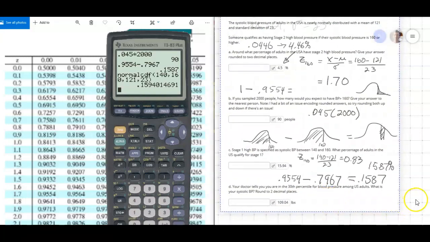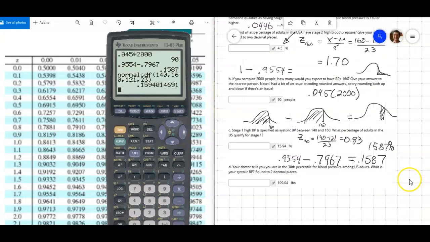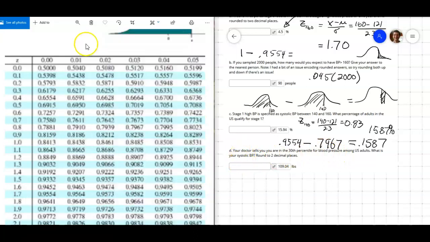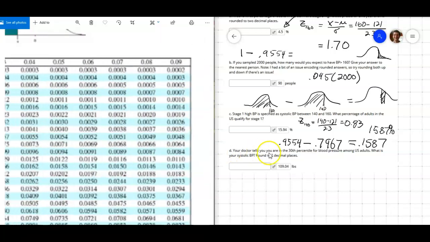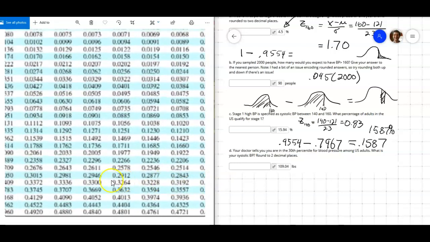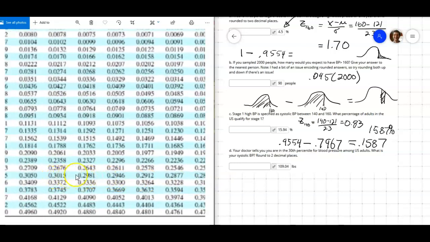All right, last thing: the doctor tells you you're in the 30th percentile for blood pressure. What is your blood pressure? Inside these tables are decimals, like this is 50th percentile, 53rd percentile, 57th percentile. We want to look for the 30th percentile. Oh, right here, very close.